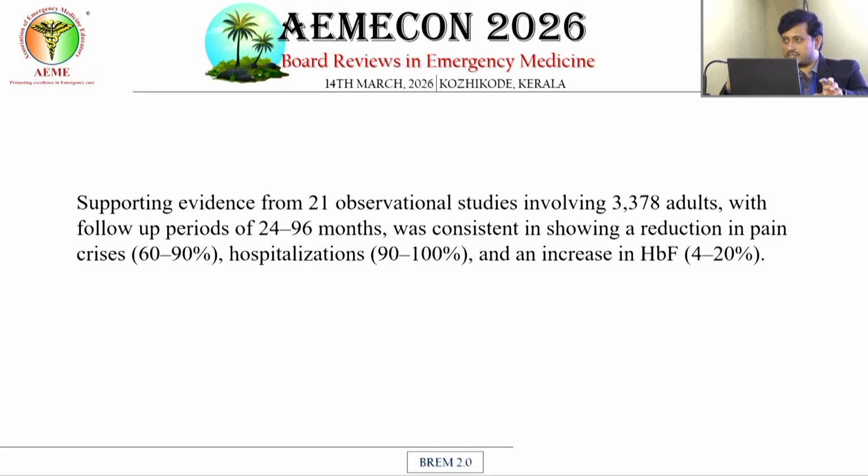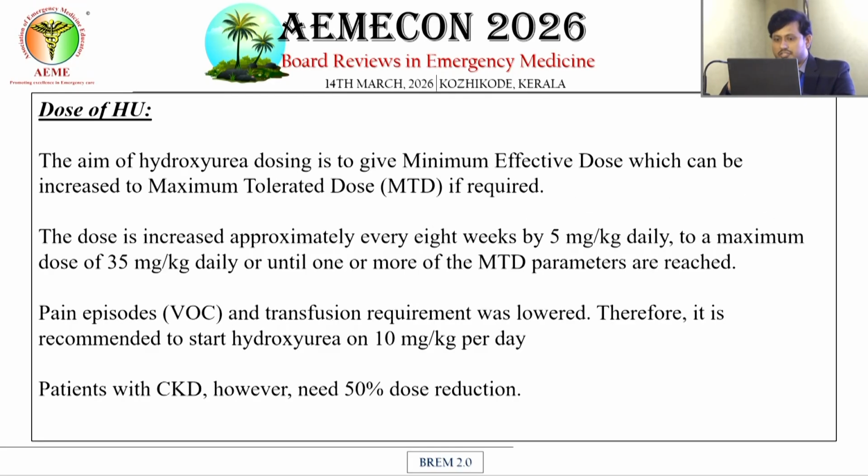They showed that hydroxyurea reduces pain crisis in 60 to 90% of cases and hospitalization in 90 to 100% of cases, and increases fetal hemoglobin to 4 to 20%. It is actually present at 1 to 1.5% in a normal human being, but it increases up to 4 to 20%. So hydroxyurea is the mainstay drug in prevention of complications.